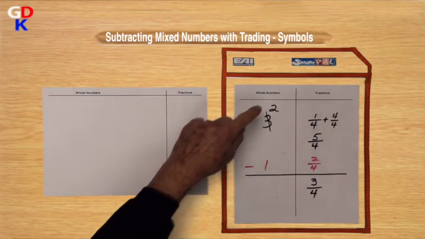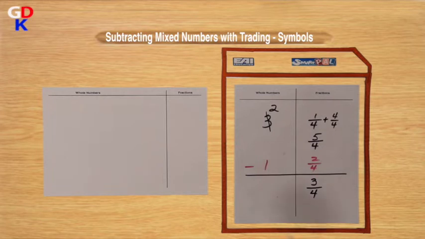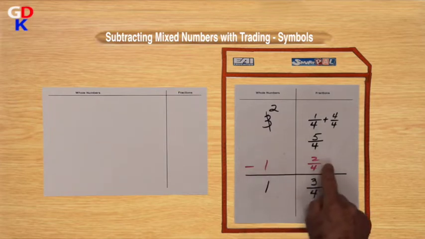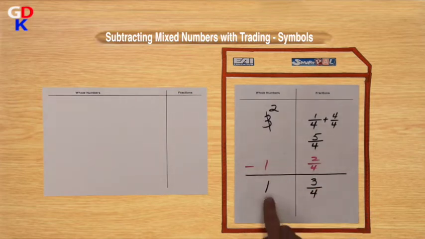I have 2 ones minus the 1 gives me 1. So my answer is 1 and 3/4. So when we subtract 3 and 1/4 minus 1 and 2/4, our answer is 1 and 3/4. And the reason we can do this is because we trade one of our ones for 4/4.